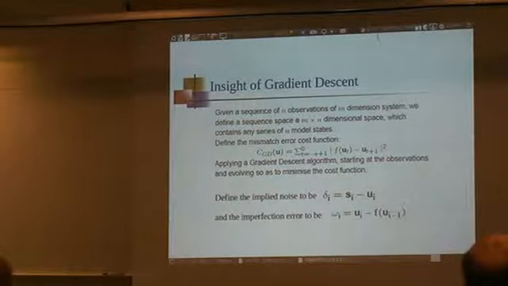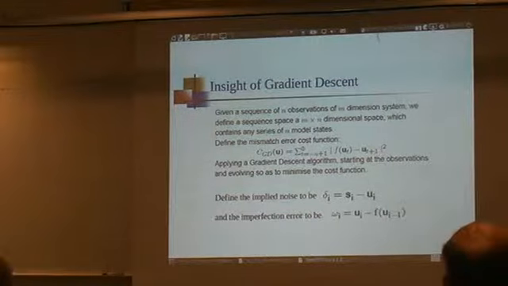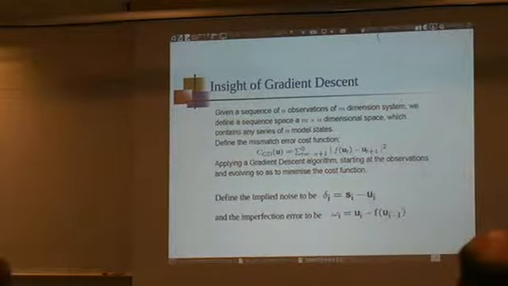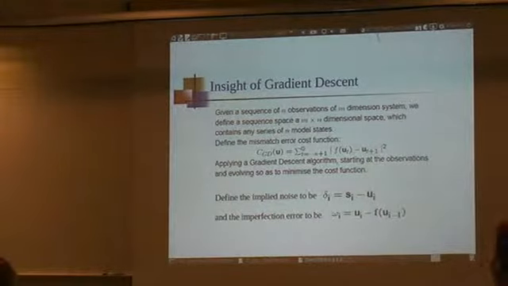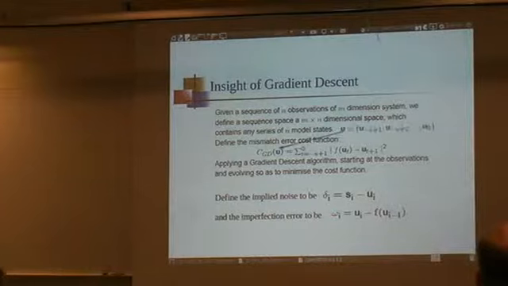So we hope the pseudo-orbit will generate implied noise consistent with the observational noise model, and the imperfection error corresponding to the model error. That's our hope, that's our target: good pseudo-orbits mu with implied noise consistent with observations and imperfection error consistent with model error.